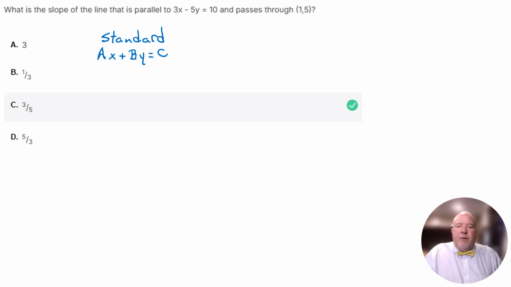The other form we want to talk about, and this is what we're going to change it into, is slope-intercept form. Slope-intercept is my spelling test for the day. Slope-intercept looks like y equals mx plus b.